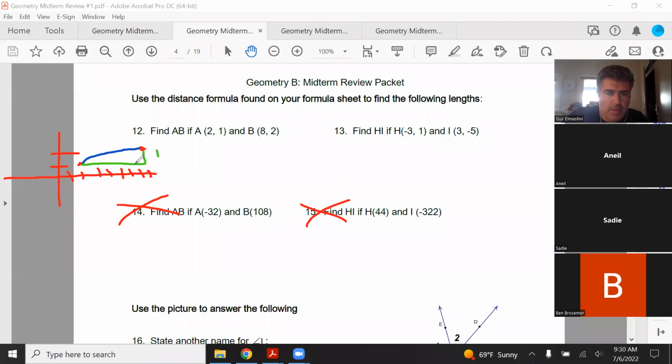Length of 1, length of 6. You do the Pythagorean theorem. C is root 37. That's all. Root 37. Or if you wanted to, you could do this.